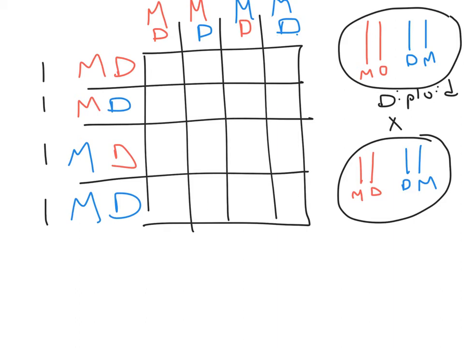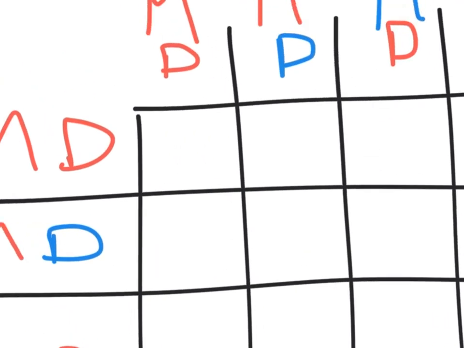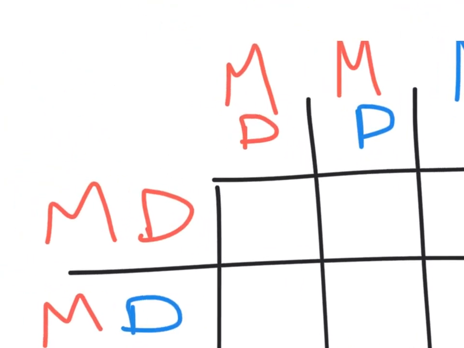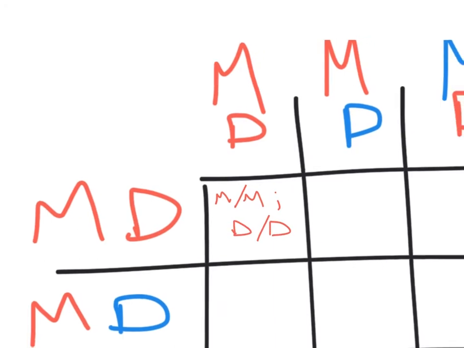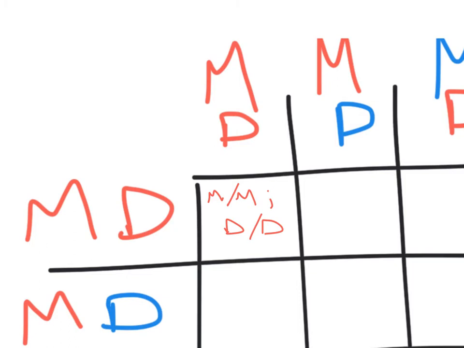So if we set up this cross, if you fill in this table, which I can't because it's too small, if we zoom in there, you really only need the 2. We get 2 M's, one from one parent, one from the other, 2 red M's, and 2 red D's. And if we scroll over, then we'd fill in the next one, which is 2 red M's.